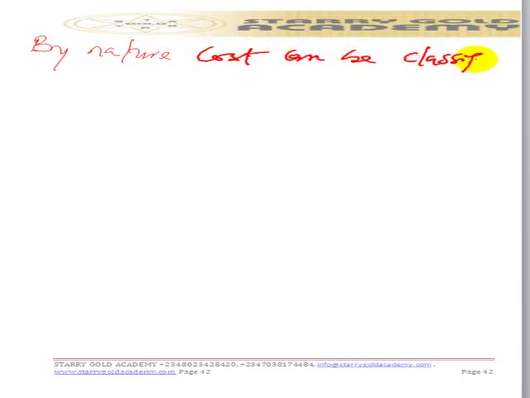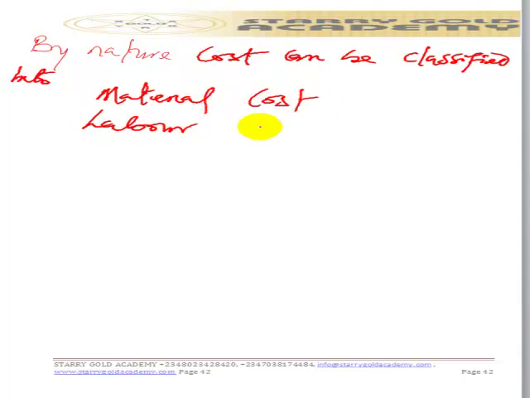Now, according to nature, cost can be classified into materials, labor, and overhead. Cost can be classified into material cost, labor cost, and overhead cost.